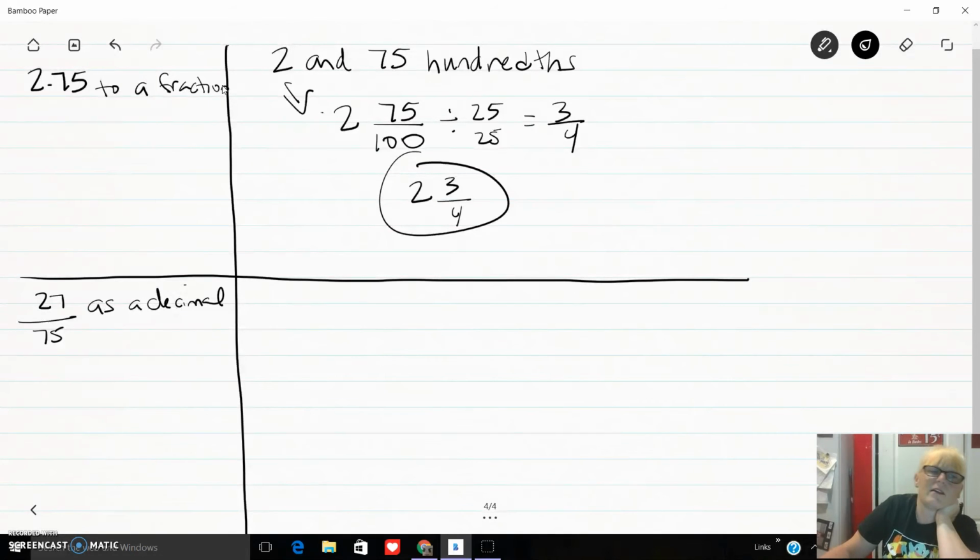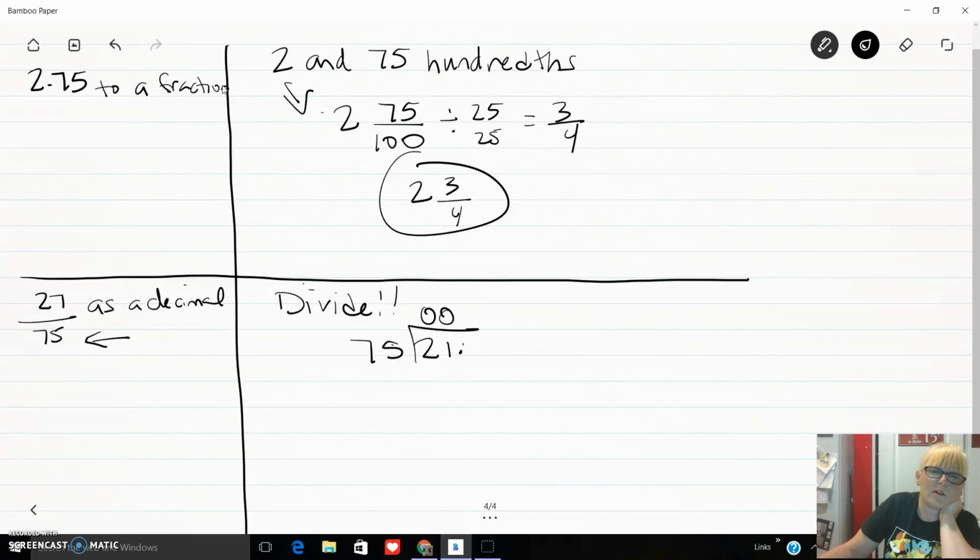All right, 21 over 75 as a decimal. Okay, so I do not have a multiple of 10 here. So what am I going to do? Divide. Okay, 21 goes in the house, 75 goes outside of the house. Can 75 go into 21? No, it cannot.